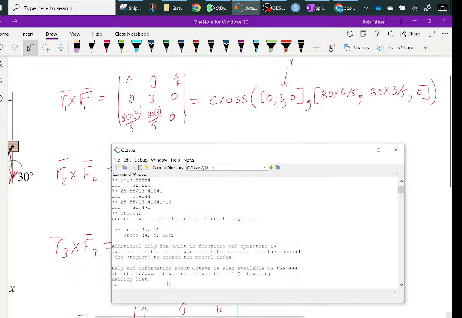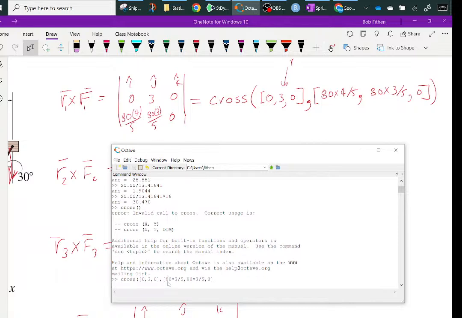So here's what I'm going to do. Okay, cross, parentheses, and then the square bracket means I'm going to enter the vector. So there's my first vector, and my second vector is going to be 80 times 4 divided by 5, then 80 times 3 divided by 5, right? And then nothing. Wow, it's having to think a lot.